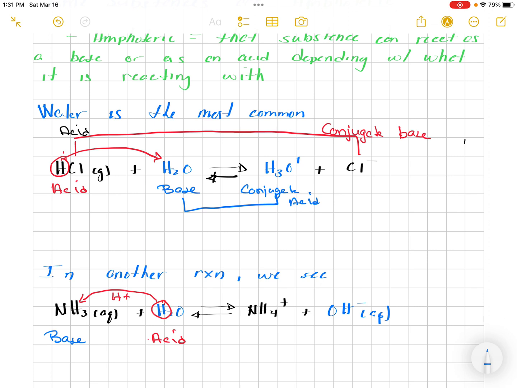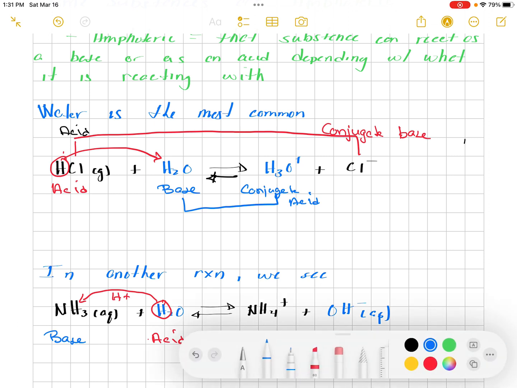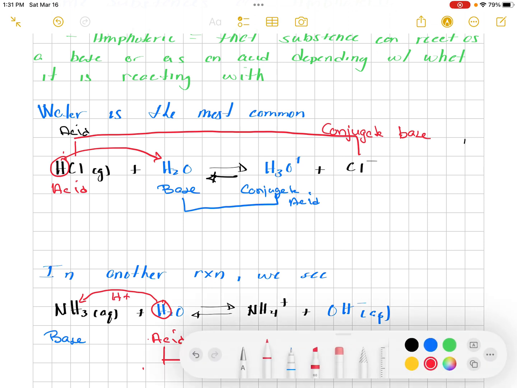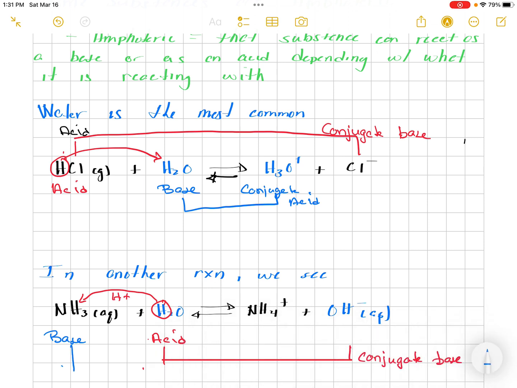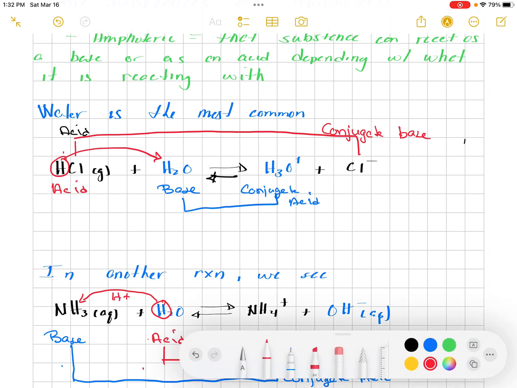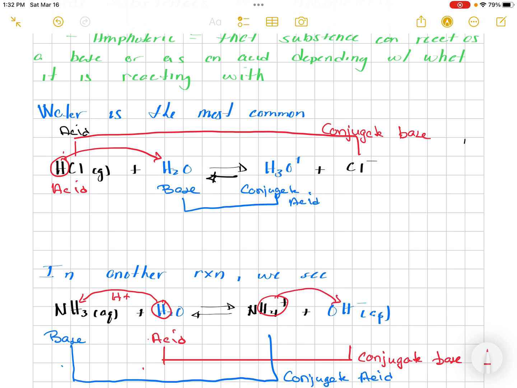If this is the acid, then the conjugate base would be over here. With the base, this one is your base. You react it over here, and now it becomes your conjugate acid, because the ammonium is going to take one of these hydrogens and donate it back for the reaction in the reverse direction.